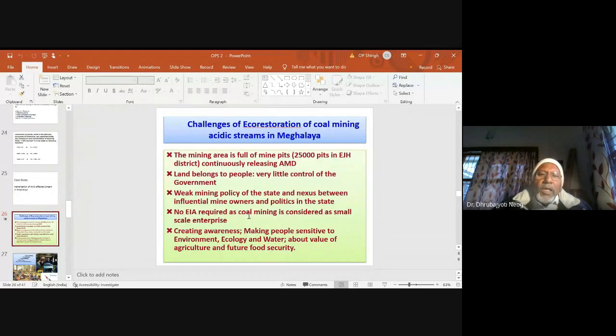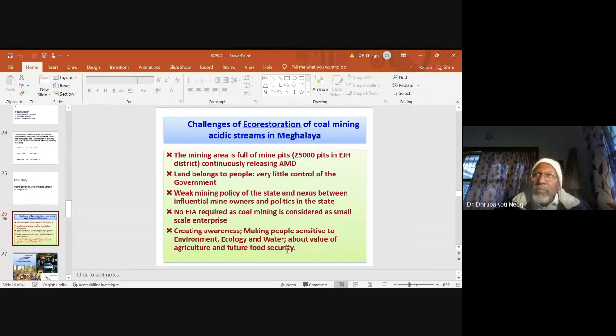And in Meghalaya, no EIA is required to do mining because land belongs to the people and people are doing mining at their will. So we started this project by creating awareness and by making people sensitive to the environment, ecology, and water, and about the value of agriculture and future food security.